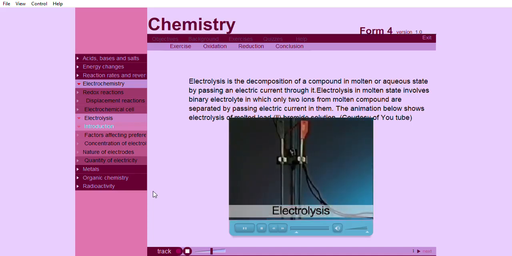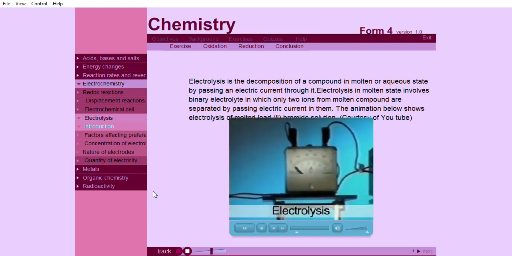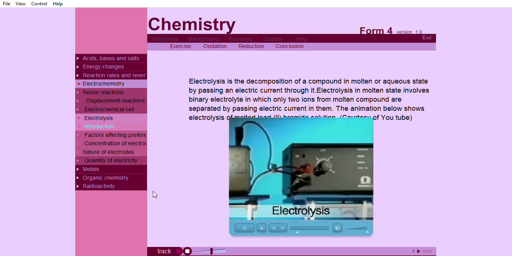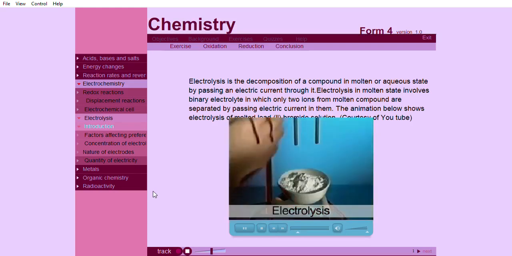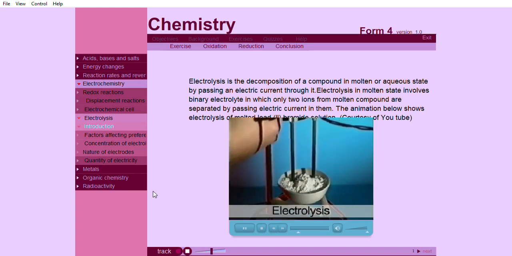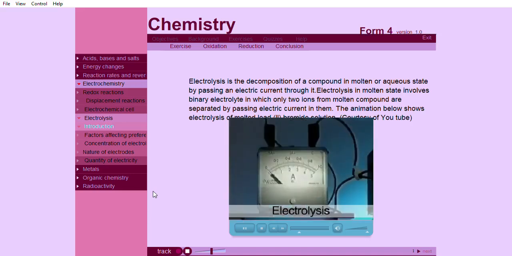A circuit is set up using two carbon electrodes, an ammeter and a power supply. The white powder is lead bromide. Switch on the power supply and nothing happens. The ammeter reads 0.